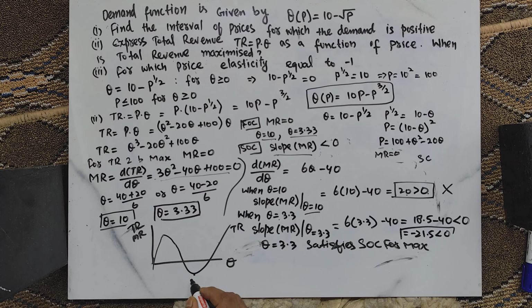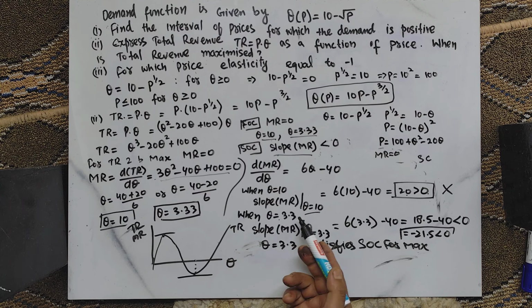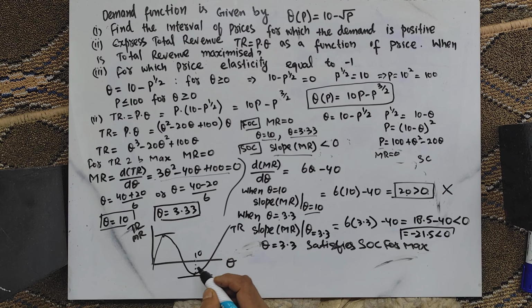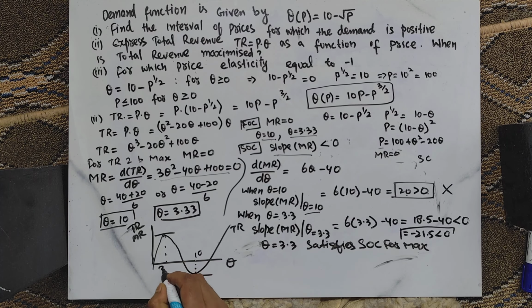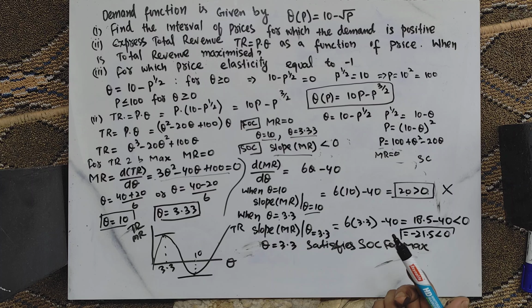So slope is equal to 0 at this point, but since we have to find the maximum, when q is equal to 10, slope is equal to 0. When q is equal to 3.3, slope is equal to 0. But to find the maximum value, the slope of the marginal revenue function should be less than 0.